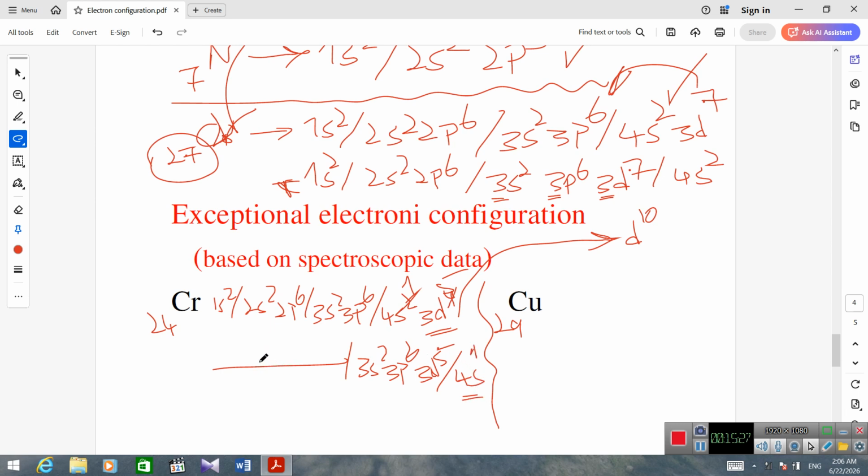In other words, we don't have 4s2, 3d4. We must change to 4s1 and 3d5.